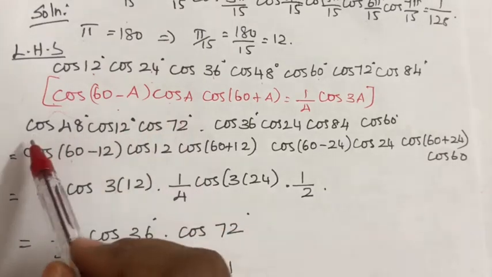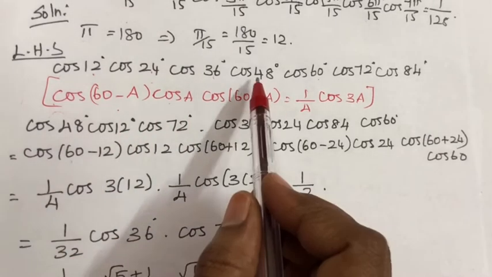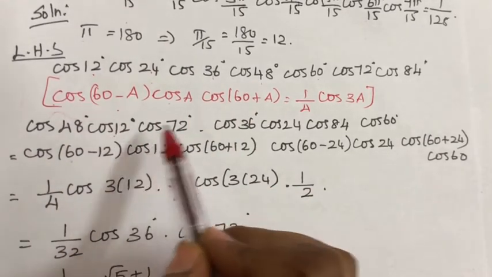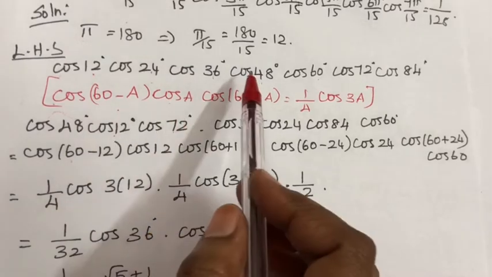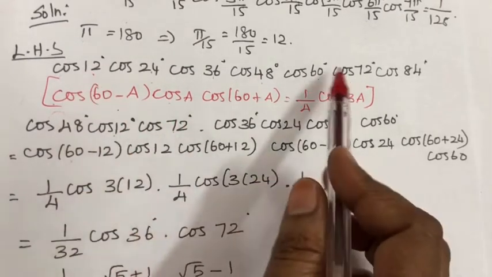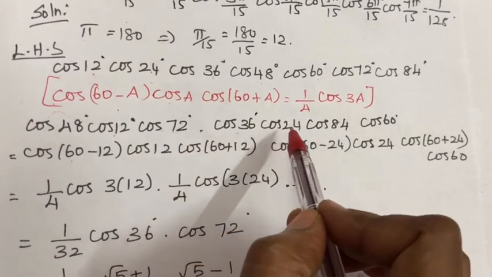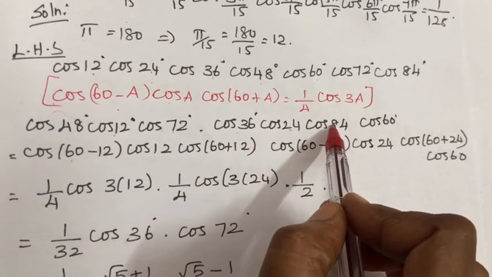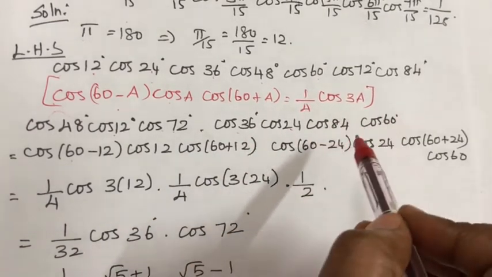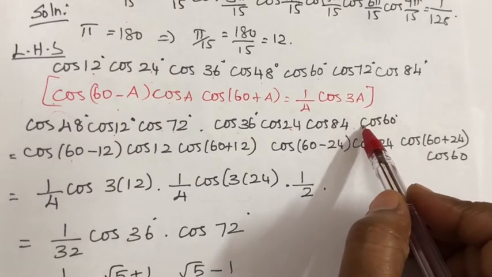So first cos 48, cos 12 and cos 72 as one group, into cos 36, cos 24 and cos 84, and at last cos 60. We know the value of cos 60, isn't it?